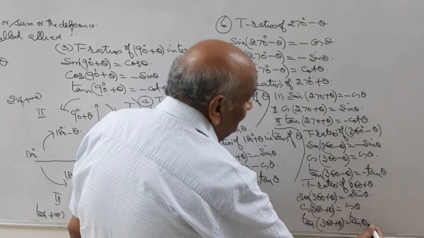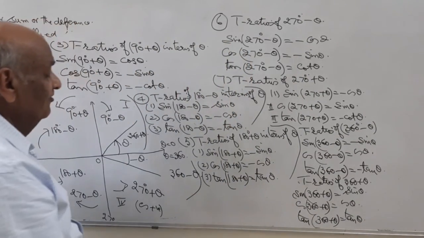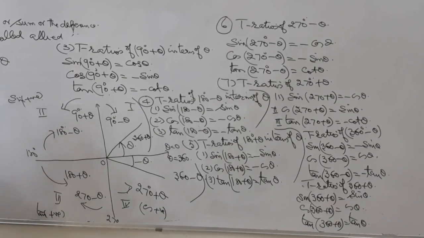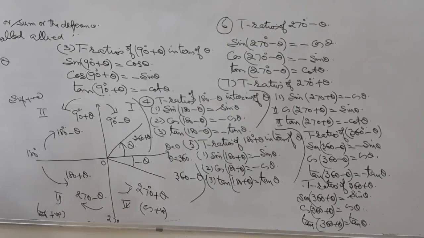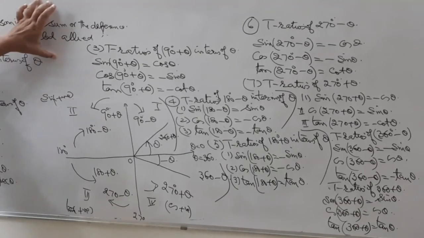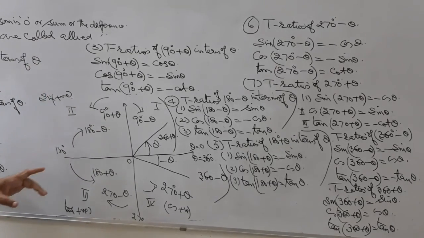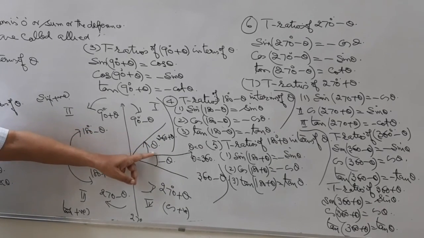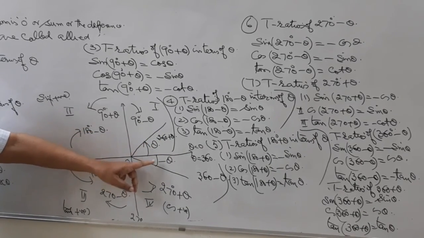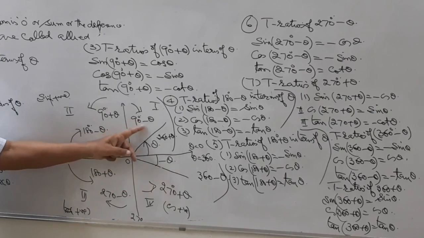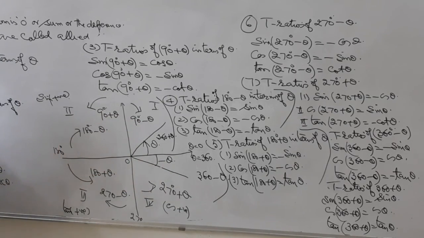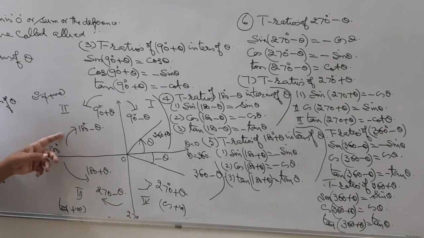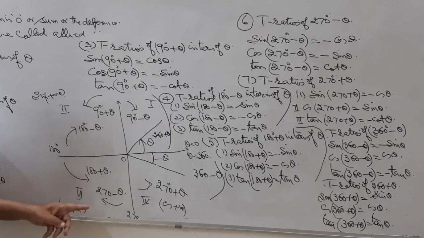And in this way, we can just rotate and find out the values one by one. So only one thing I will tell in this case, this is the major chapter before us. To remember the results, you just keep in mind the position of the revolving line. In the first quadrant it is theta, in the fourth quadrant it is minus theta. 90 minus theta first quadrant, 90 plus theta second quadrant, 180 minus theta second quadrant, 180 plus theta third quadrant.